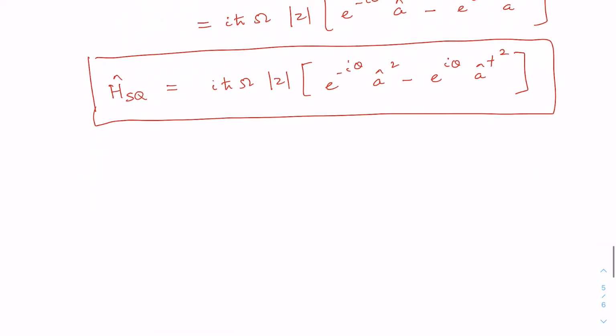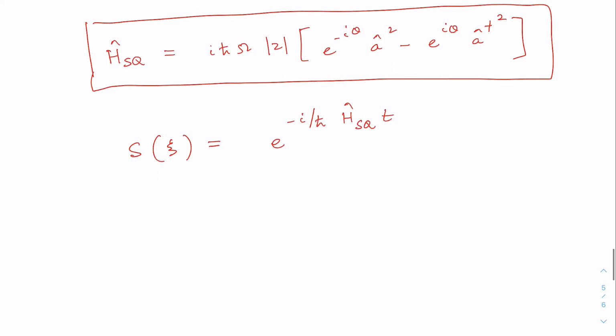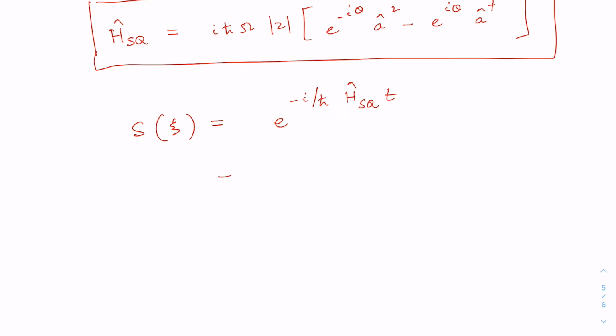Okay, now what about the squeezing operator? So the squeezing operator would be simply e to the power minus i by h cross H_sq t. Alright, so this you can verify, but let me just simplify it. It is exponential omega mod z t e to the power minus i theta a square minus e to the power i theta a dagger square.